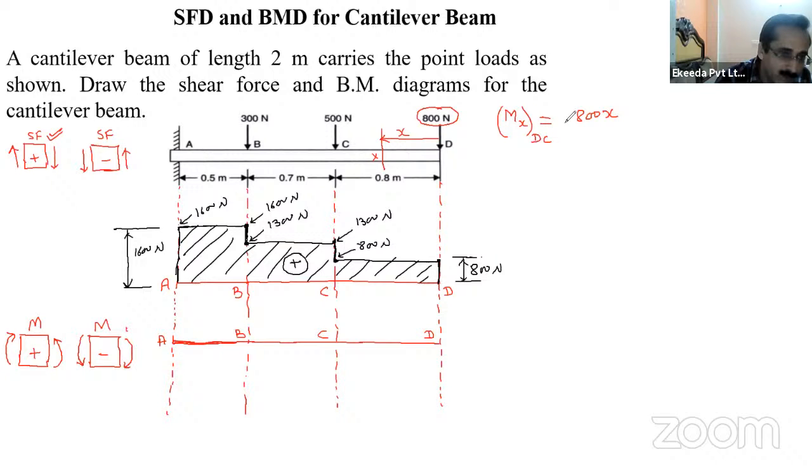So we are taking negative, minus 800X. Now it is a linear variation, so what is the bending moment at D point? X is 0, so the bending moment is 0. And at C point, what is the bending moment? The X value is 0.8.